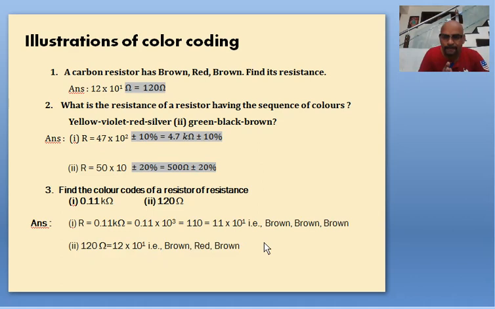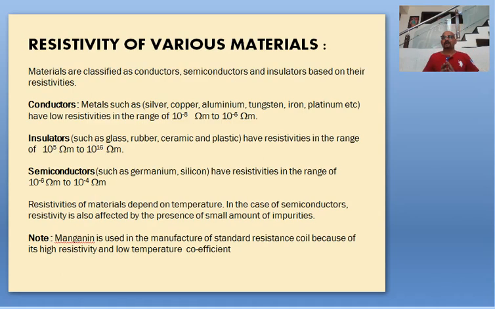I think I have best explained to you the color coding, and now we'll move on to the next slide, dear students. Resistivity of various materials. You know that resistivity is the resistance per unit length per unit area.